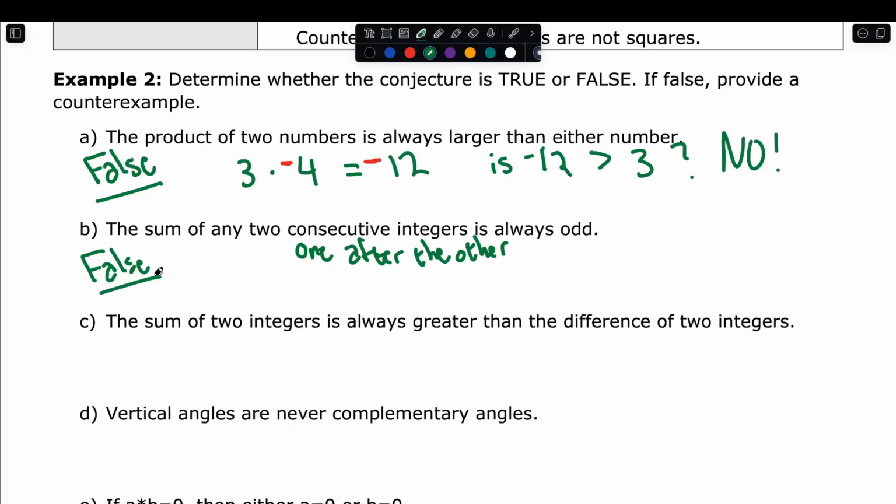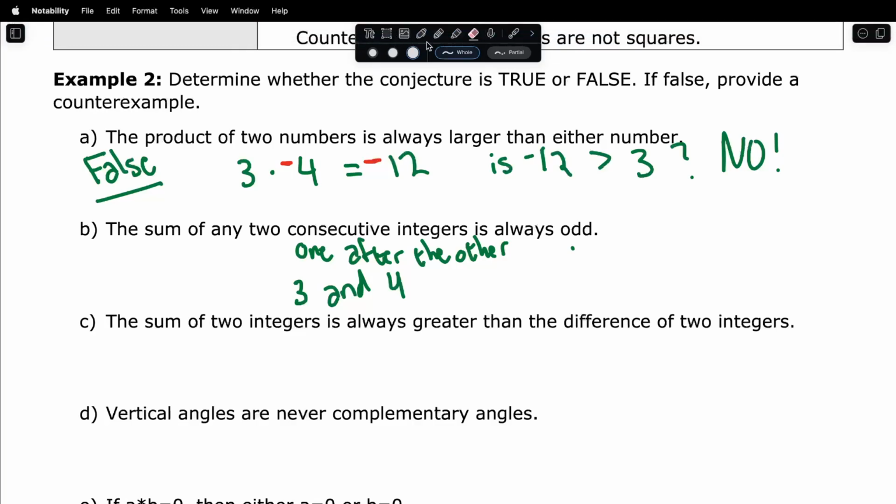I'm going to use a calculation here. If I choose, let's do 3 and 4, okay? Oh, excuse me. Mr. Devera made a mistake. This should be the sum of any two consecutive integers is always odd.